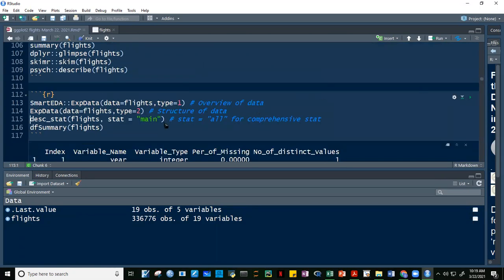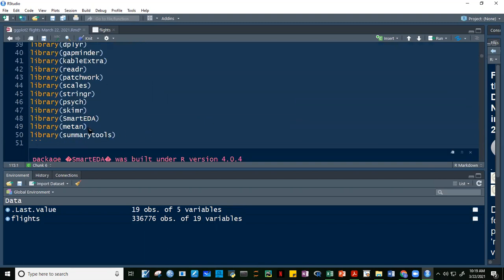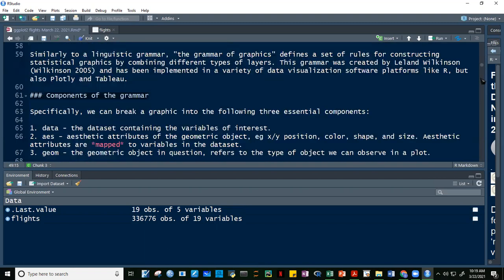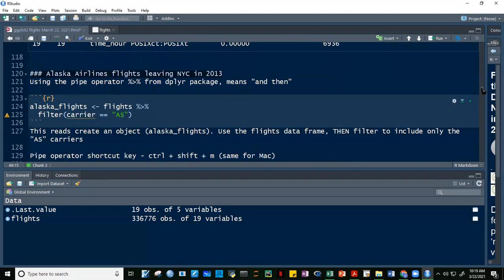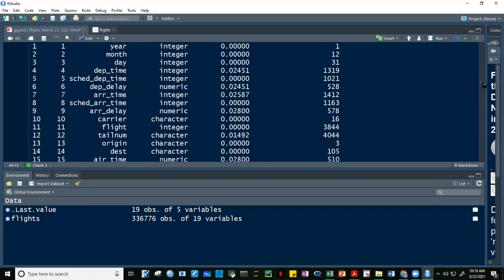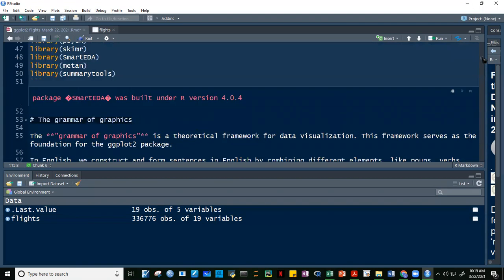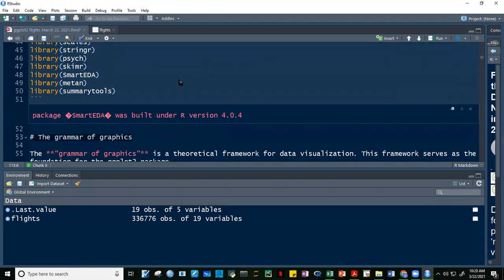Okay, lastly, guys, we can use this. This one is from sa package natin, Metan. Ito. Parang hindi ko pa naran to.